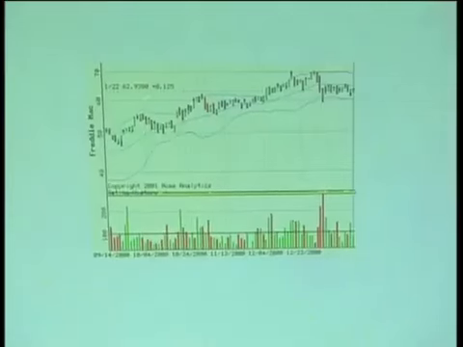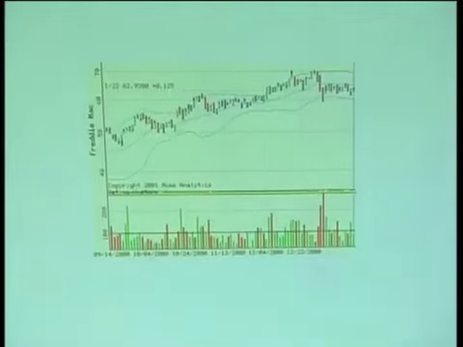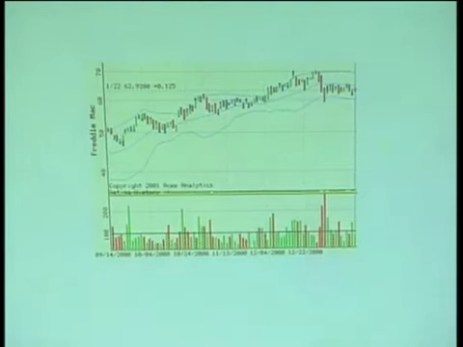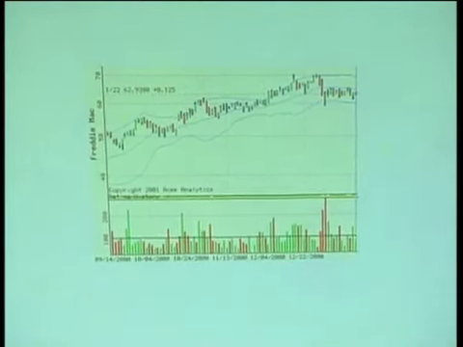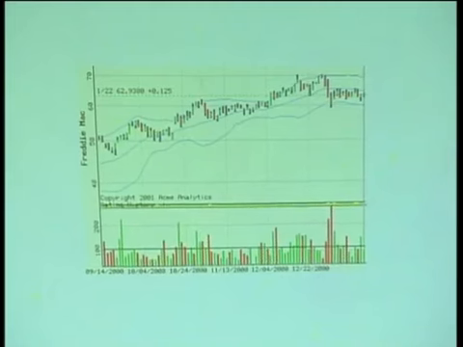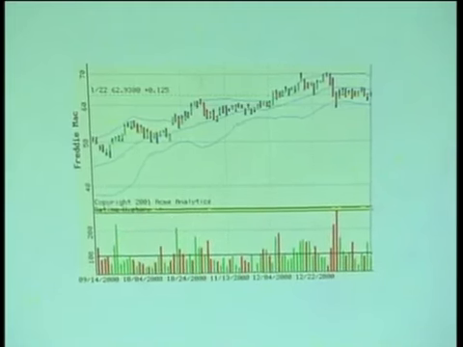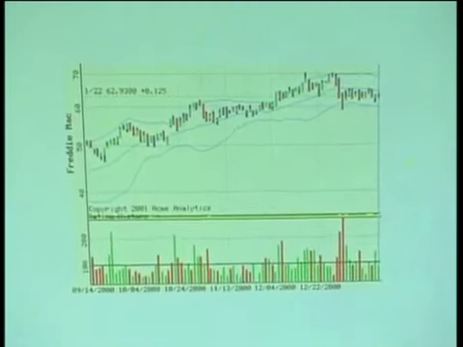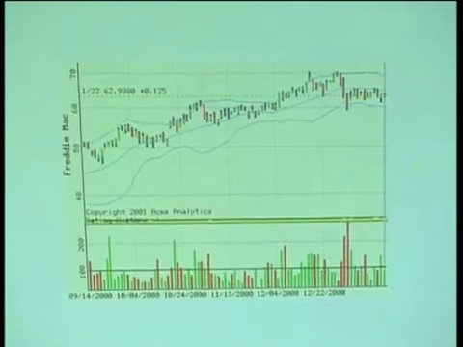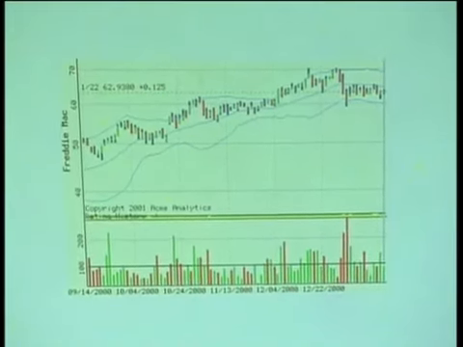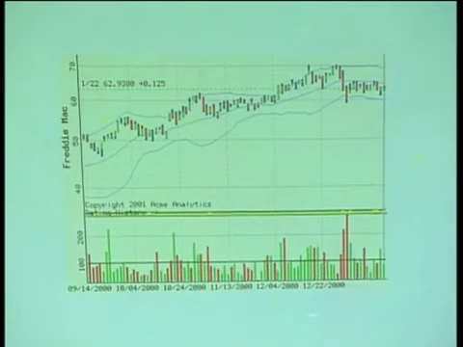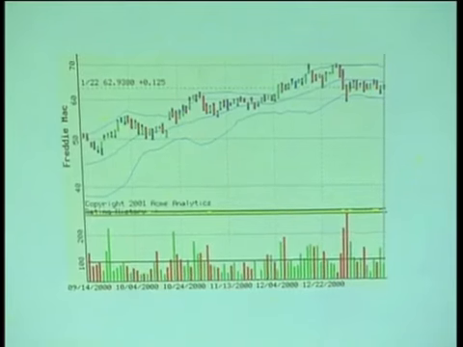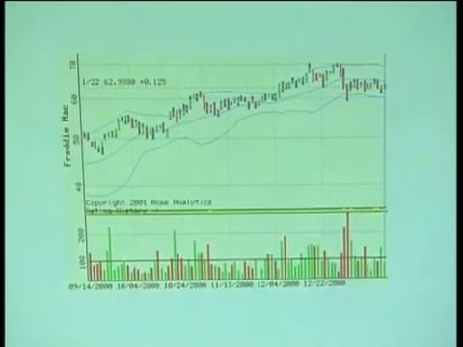The bars themselves tell you about the intraday relationship, how we closed or opened in that relationship. The color of the volume bar underneath tells you whether you closed higher or lower than the prior day. So if we're down on the day, we get a red volume bar, and if we're up on the day, we get a green volume bar.